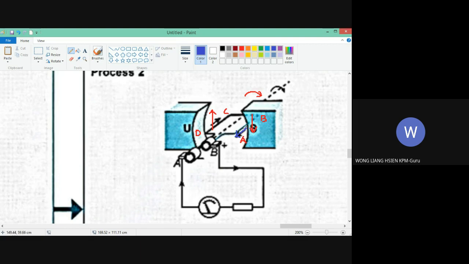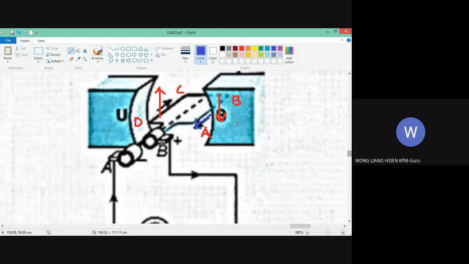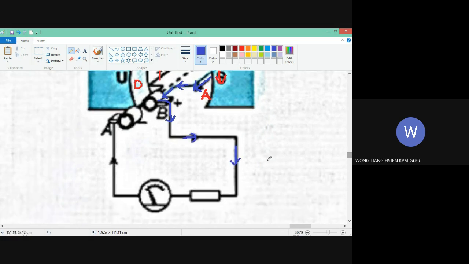Let me make it bigger so it is clearer. The current flows in this direction, to slip ring B, comes out here, and passes through the load, through the galvanometer. Again, this one also has a problem.